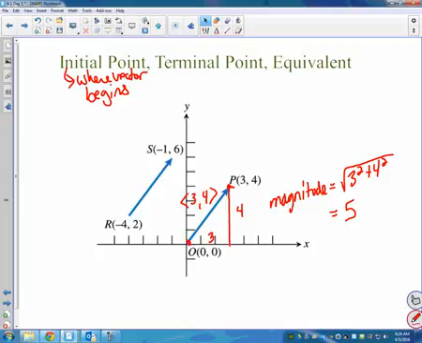And then the terminal point is just where it ends. If it starts at the origin, then that terminal point is just your components. The terminal point is where the vector ends. Kind of just like an angle, we have the initial ray and the terminal ray.